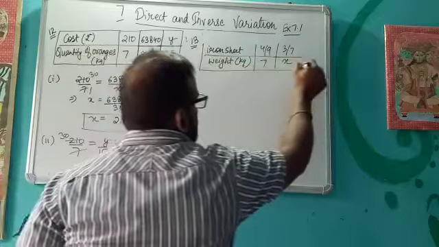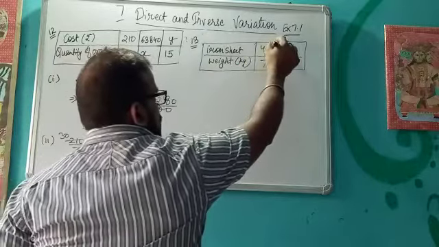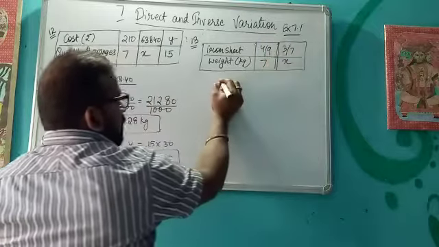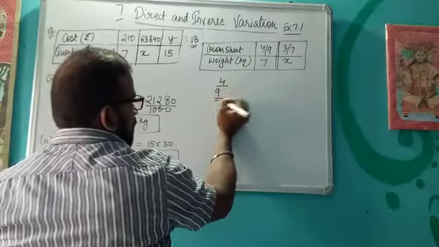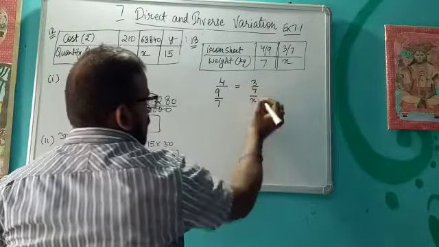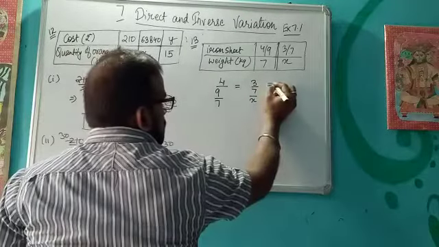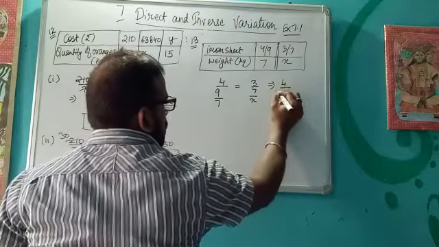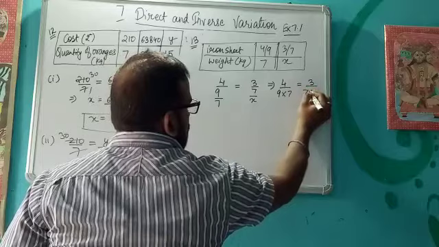Okay, so although it is given in terms of fraction, the same concept we are going to use here also. 4 upon 9 upon 7 is equals to 3 upon 7 upon x. So it will be like 4 upon 9 into 7 and 3 upon 7 into x.